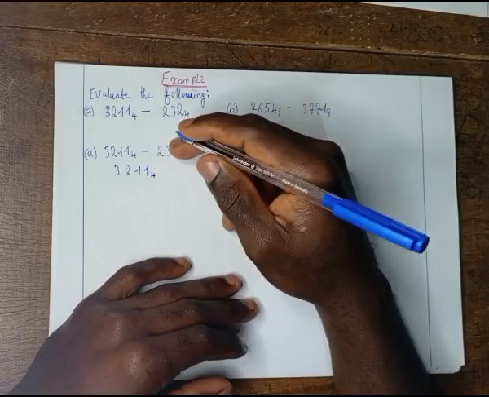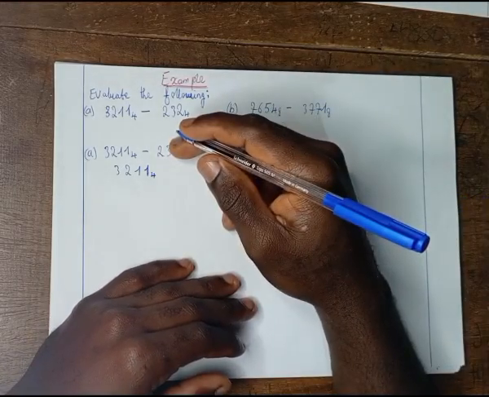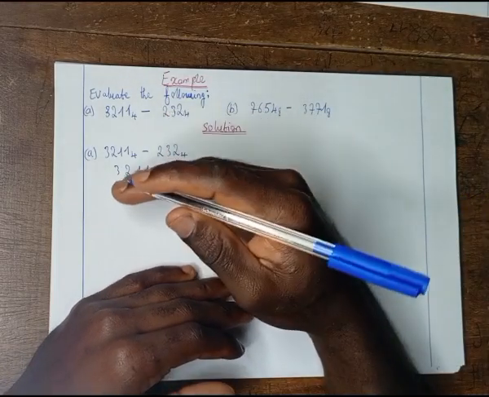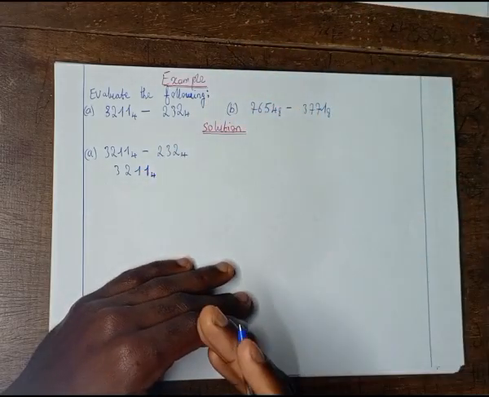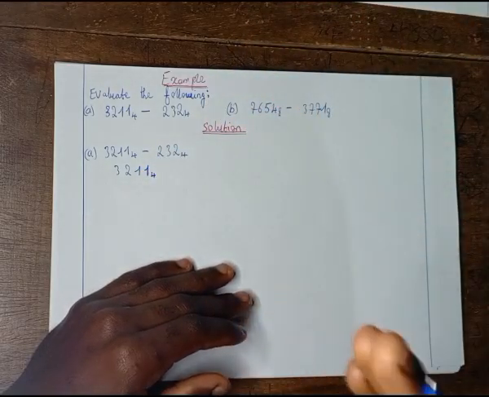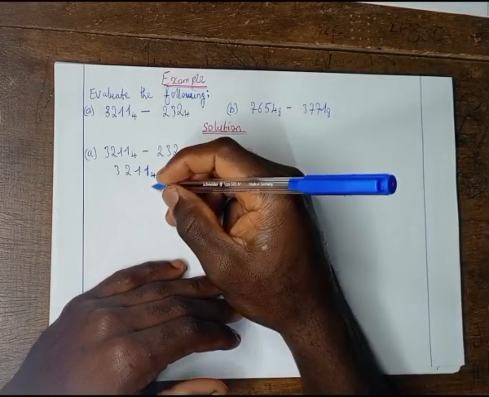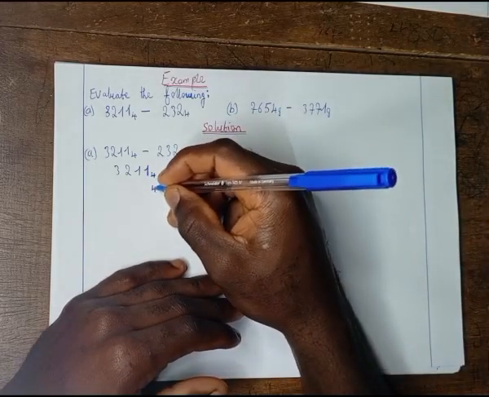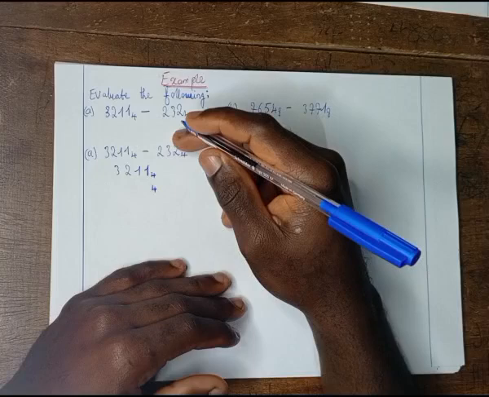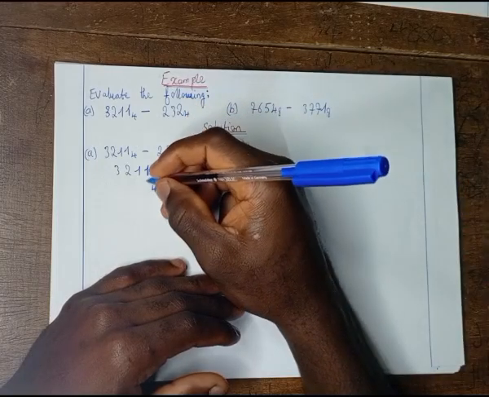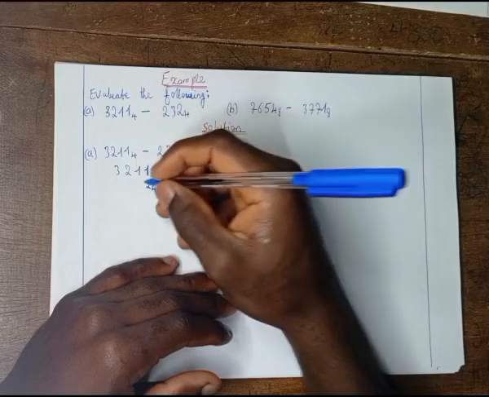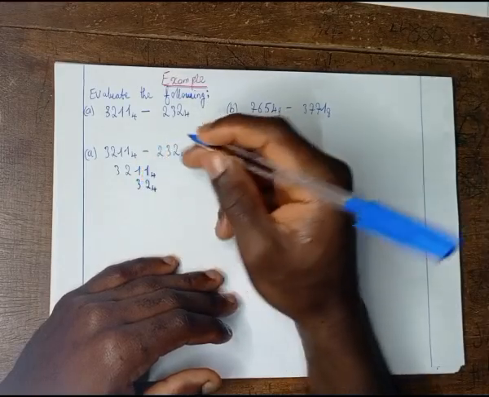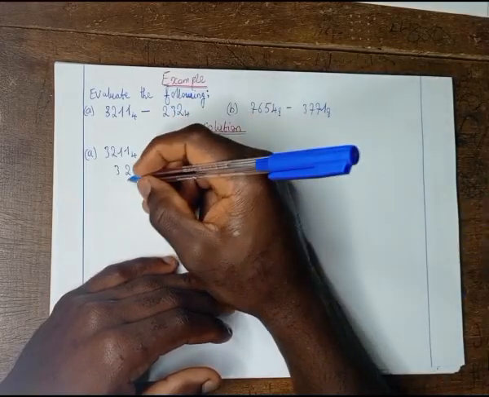Next, we arrange the second number such that it lies below the first number, and the bases should be vertically aligned. It should be on a straight line. So the base 4 will be here. Then the digit 2 will be under 1 since they have the lowest place values. 3 will be under 1 again. Then 2 will be under 2.